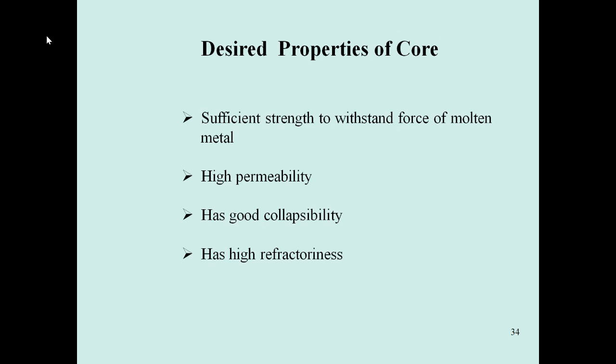So the first one is sufficient strength to withstand force of molten metal. Second is high permeability. Third is good collapsibility. And the fourth is high refractoriness.